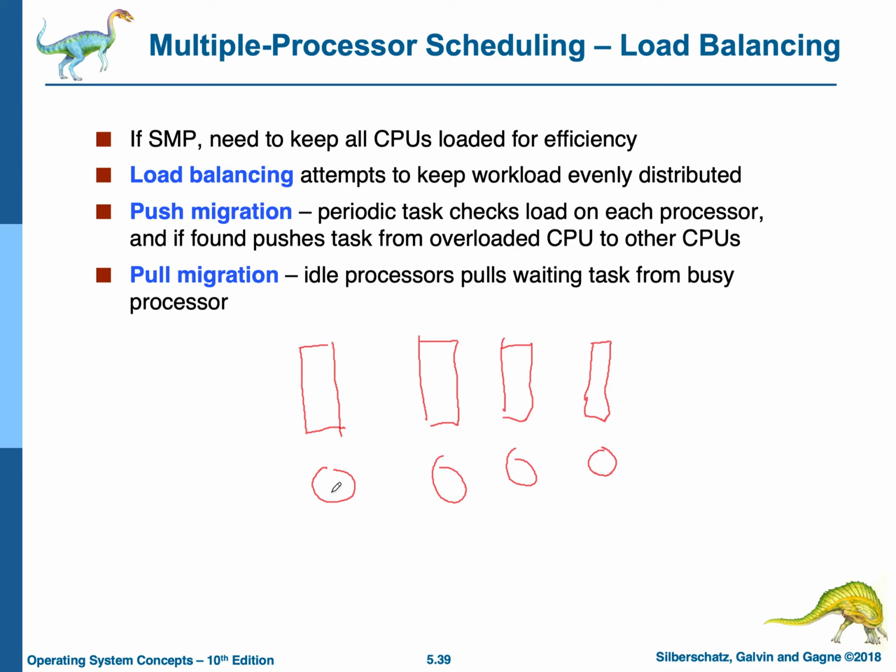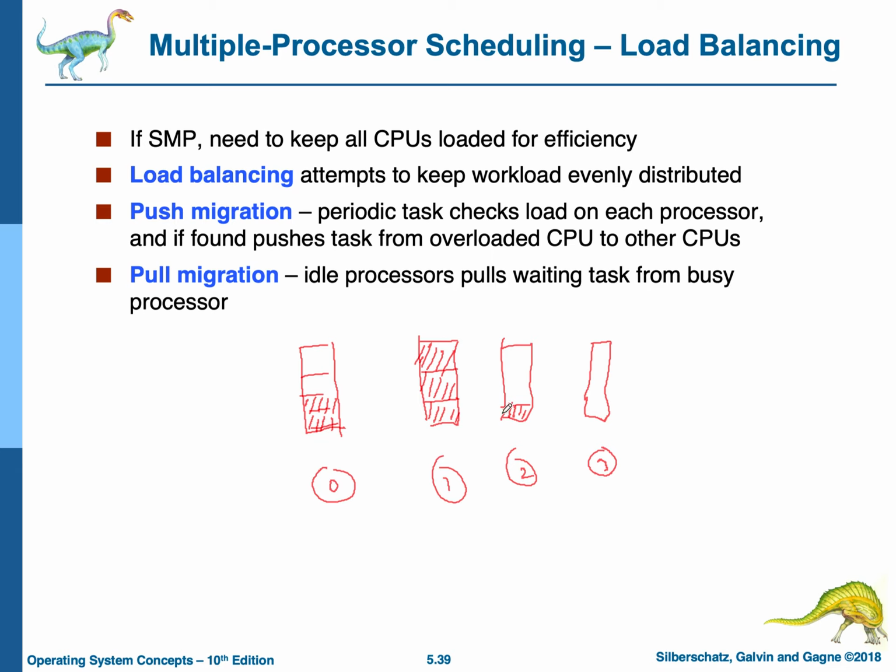This is CPU 0, this is CPU 1, this is CPU 2, this is CPU 3, and maybe this is occupied, and this is occupied until here, and this is occupied until here, and this is empty, so this is idle.